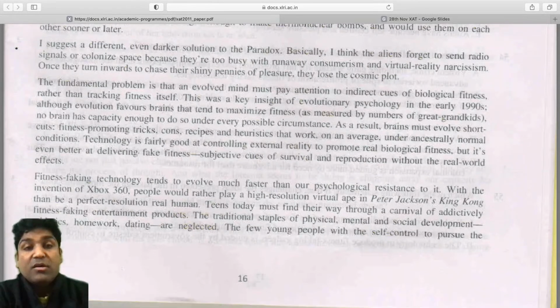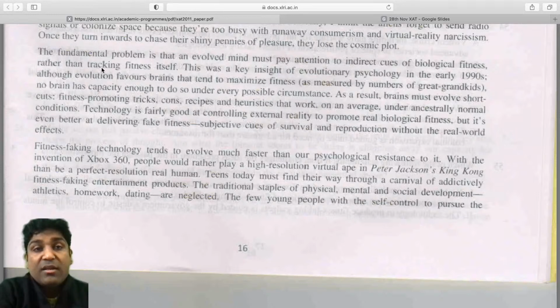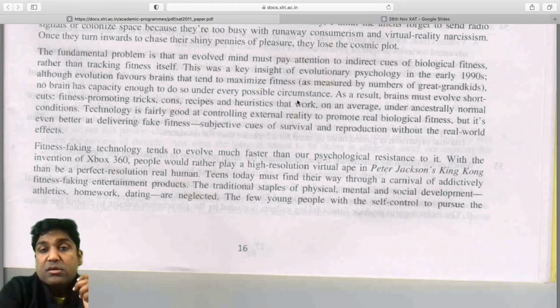Coming to this paragraph, the fundamental problem is that an evolved mind must pay attention to indirect cues of biological fitness rather than tracking fitness itself. This was a key insight of evolutionary psychology in the 90s. Although evolution favors brains that tend to maximize fitness as measured by numbers of great-grandkids, no brain has capacity enough to do so under every possible circumstance.